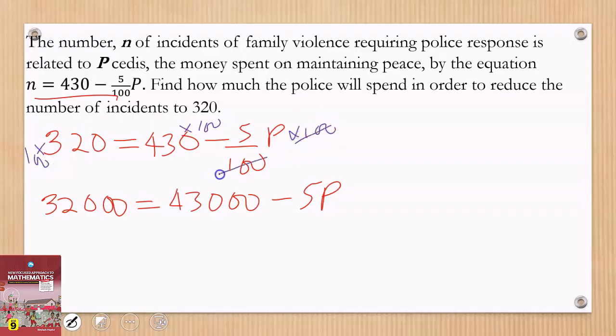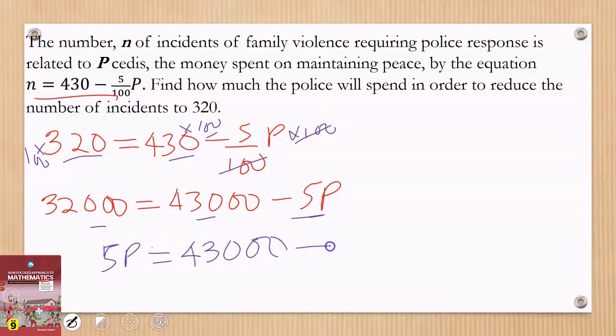So this will cancel, this will multiply to give us this, and this will multiply to give us that. Trying to make p the subject, I could move this p here to become positive, and then have my 43000 minus 32000. Now when we do simple subtraction here, we have our 5p should be equal to 43,000 minus 32,000.